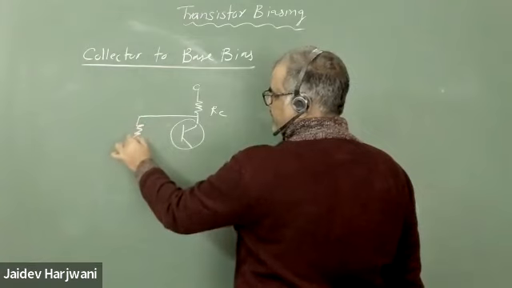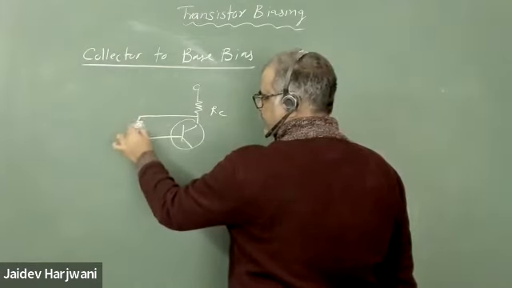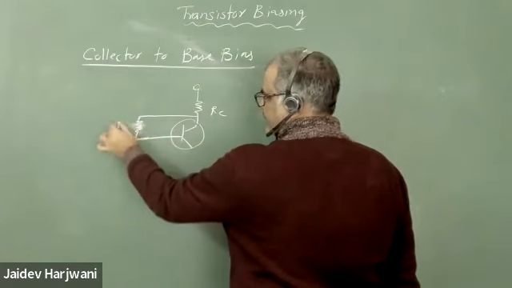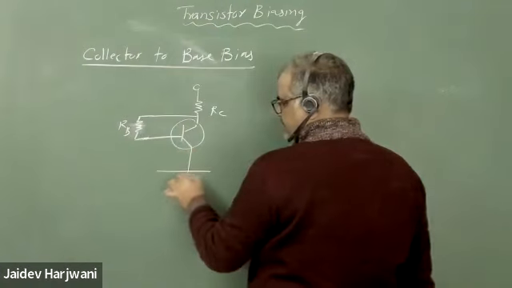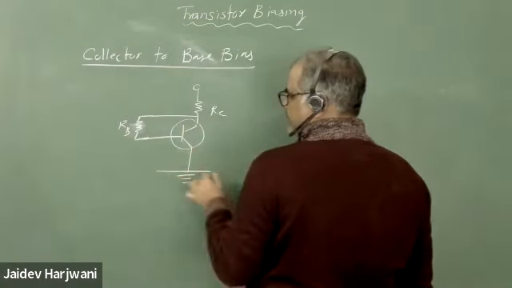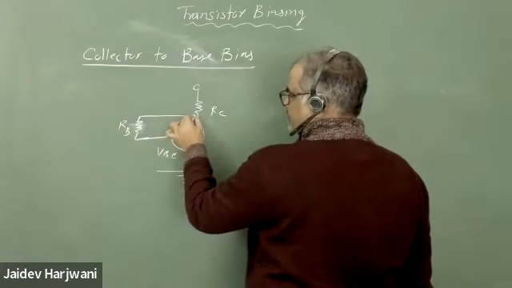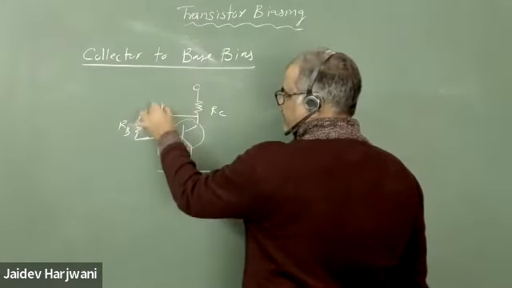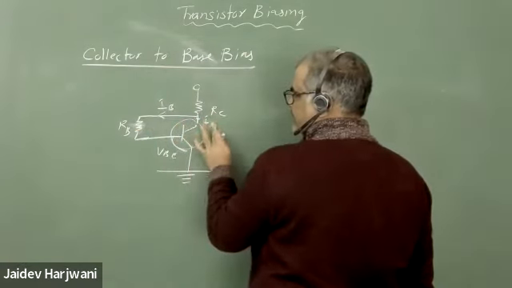You have a resistance RB, and RB is going directly to here, and this is grounded. This is your VB. Here this is your IB and this is your IC.